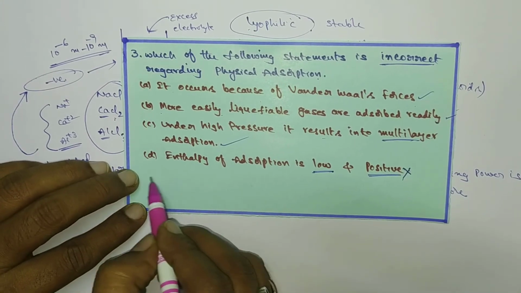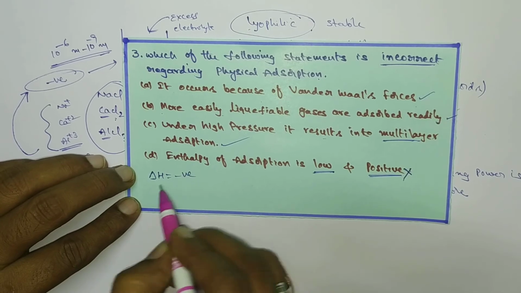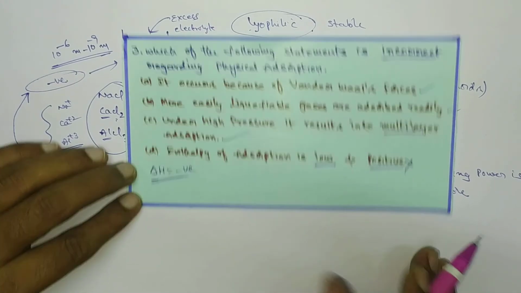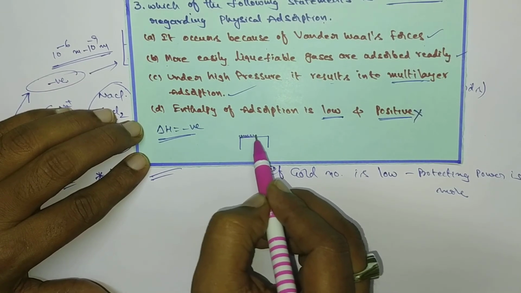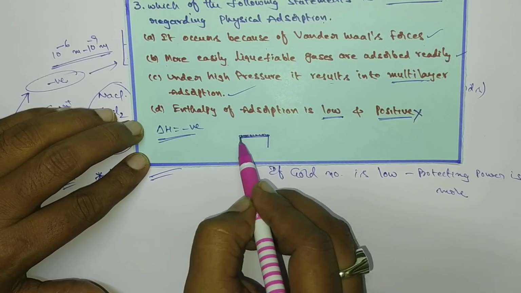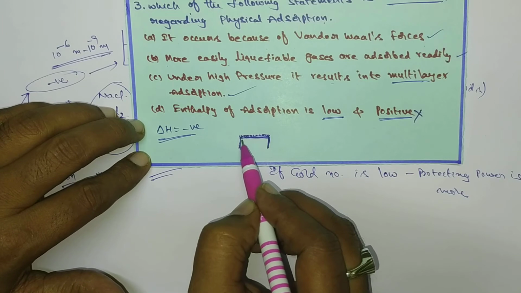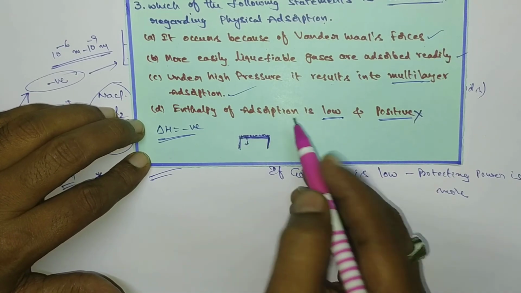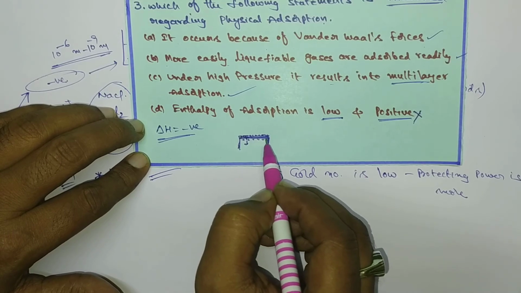Generally in the adsorption process, the enthalpy change delta H should be negative. Why is it negative? Adsorption means the accumulation of gas molecules or liquid molecules on the surface of a solid. During adsorption, the residual forces on the surface decrease, due to the unbalanced forces present on the exterior part of the adsorbent.